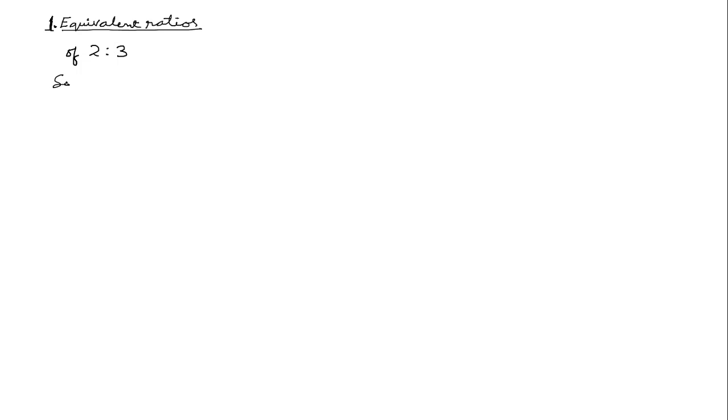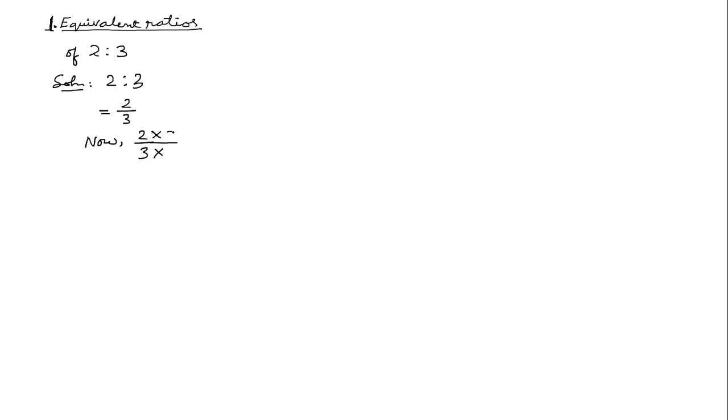So what we will do, first we will write 2:3 as what? 2/3. So we'll convert them into fractions. Now we can find out any number of equivalent ratios of 2:3. We have 2/3.